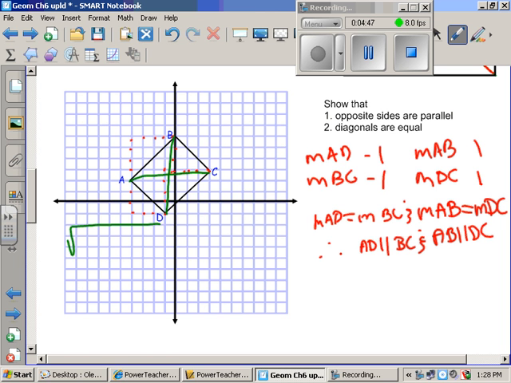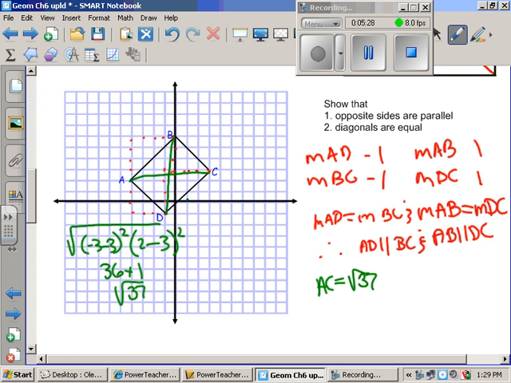So to figure out the length of AC, I do x is 1, 2, 3, negative 3 minus 3 squared and then up 1, 2, minus 1, 2, 3 squared. So negative 3 minus 3 is negative 6. Negative 6 squared is 36. 2 minus 1 is negative 1. Negative 1 squared is 1. So my distance of AC is the square root of 37.